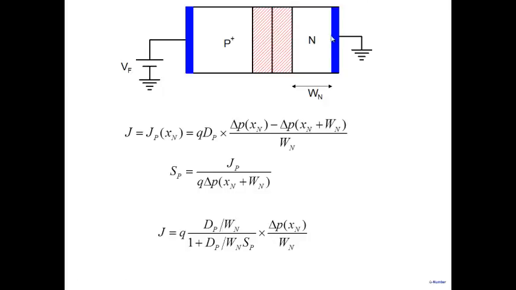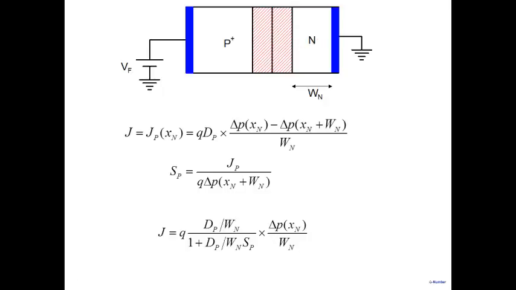So that's how you handle a contact which is non-ideal through the concept of surface recombination velocity. It's a powerful concept used at many places wherever you have a surface or an interface. If you have excess hole and electron density, they will recombine. In the bulk, we characterize recombination by lifetime, tau n and tau p.